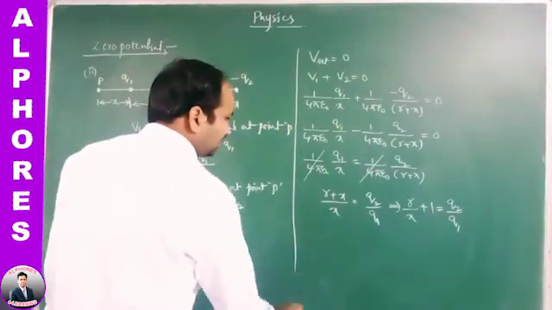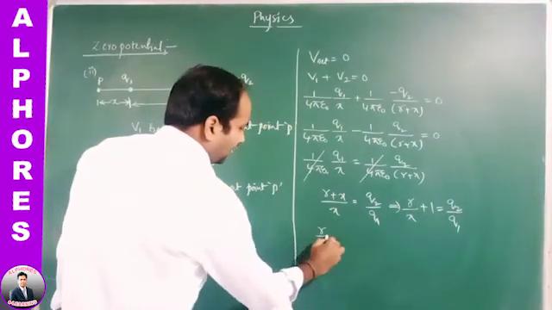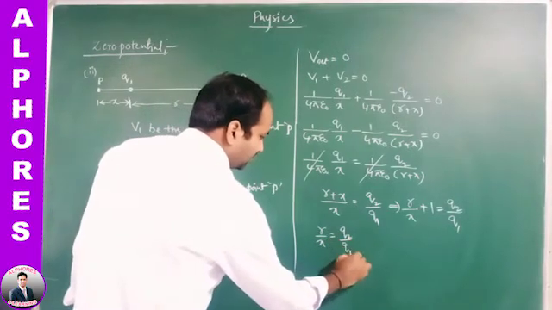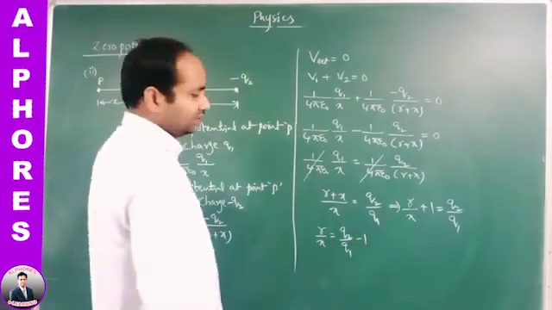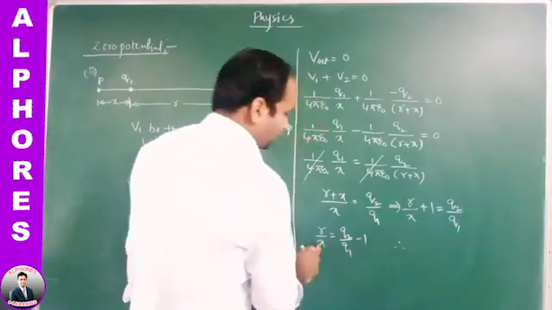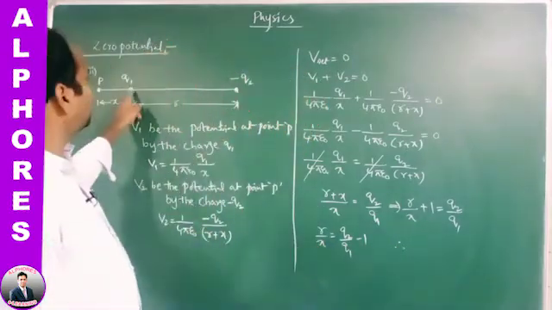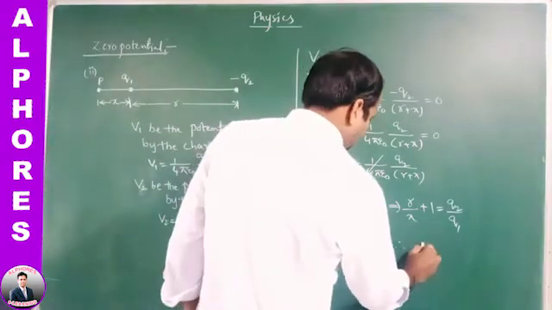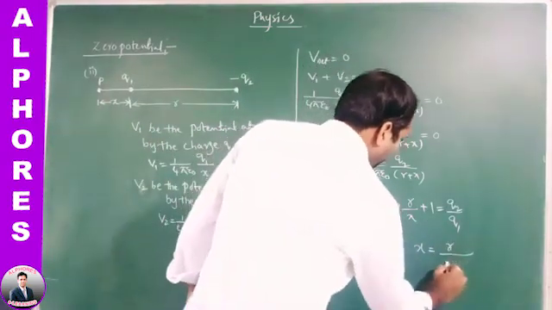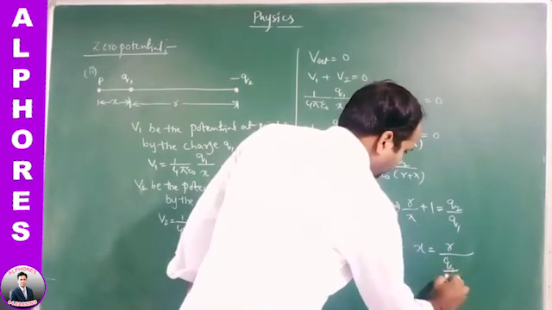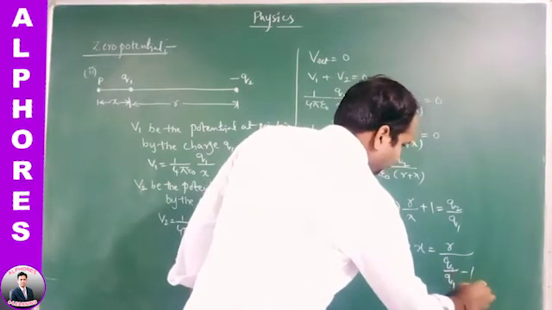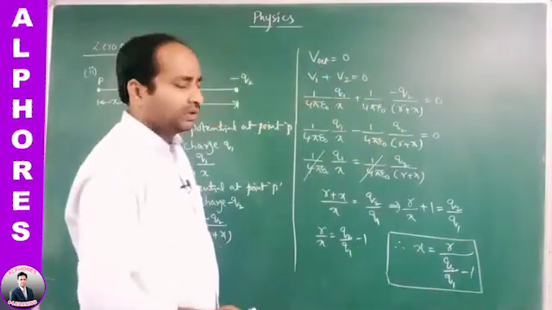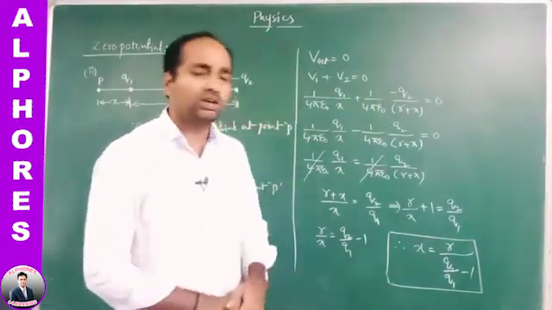Means r by x is equal to q2 by q1 minus 1. We need the x value, where x is the distance of the null point from the charge q1. Therefore x is equal to r by (q2 by q1 minus 1).